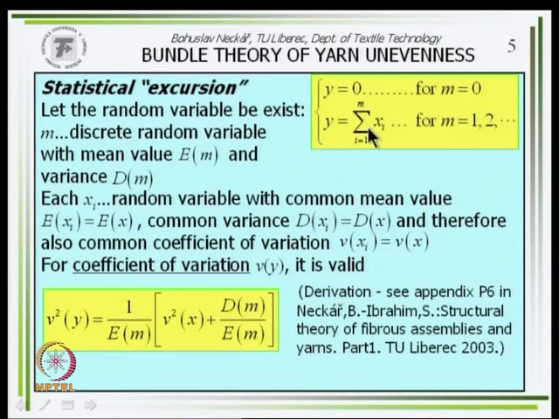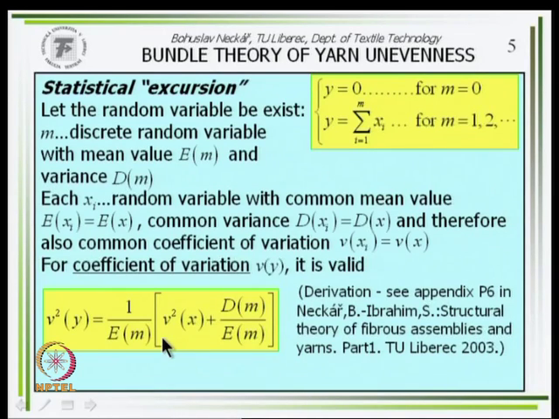Each xi is also a random variable with a common mean value, each Exi is equal to Ex, only one quantity, and common variance, each Dxi is equal to Dx, only one value. And therefore also a common coefficient of variation Vxi is some Vx, common for all fibers, first as well as fifth, as well as 13th, and so on.